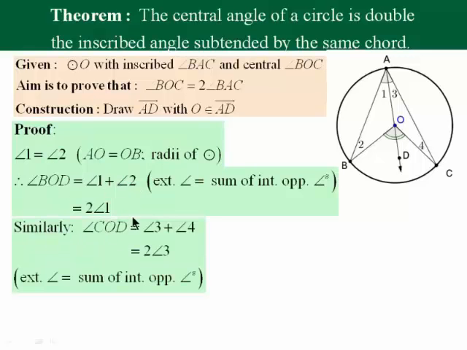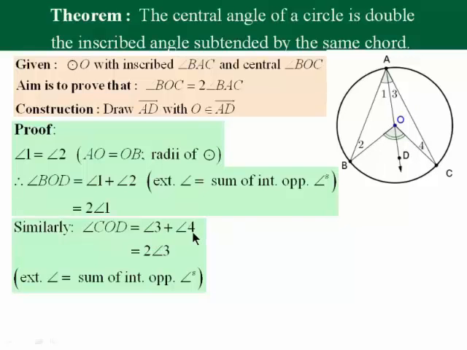In a similar way, if we consider angle COD, we can say that angle COD is equal to angle 3 plus angle 4, again because OA is equal to OC.